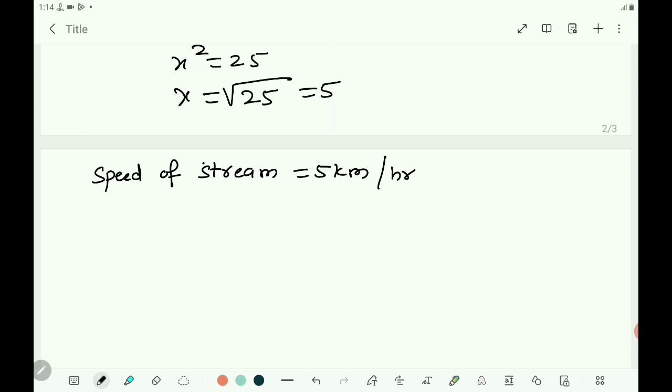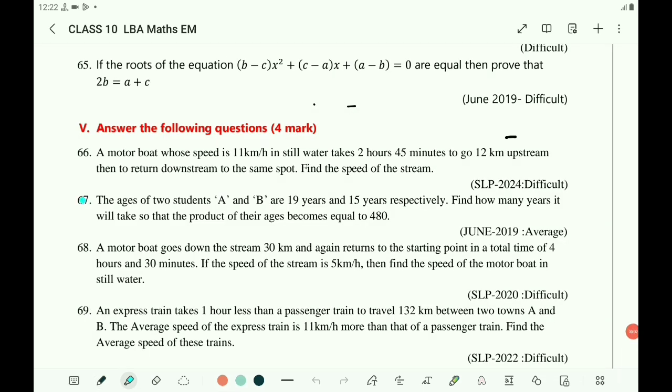5 kilometer per hour. Question number 67. The ages of two students A and B are 19 years and 15 years respectively. Find how many years it will take so that the product of their ages becomes equal to 480.